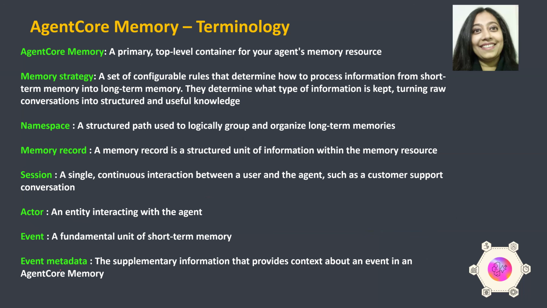Then we have memory strategy. Now this is where it gets very interesting. As humans, we remember numbers, we remember dates, we remember names, we remember events, incidents. We can give a synopsis to people. So we can do different things.